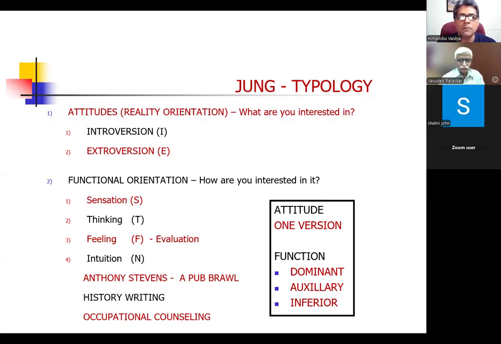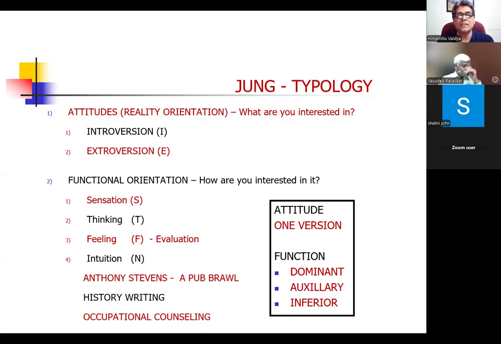This is an example from the book by Anthony Stevens. He gives the example of a fight outside a pub. In that fight, one person beats another and he falls down. Now four people look at that event and each of them describes the event differently.